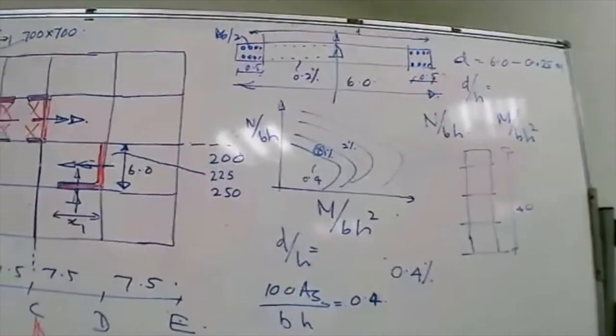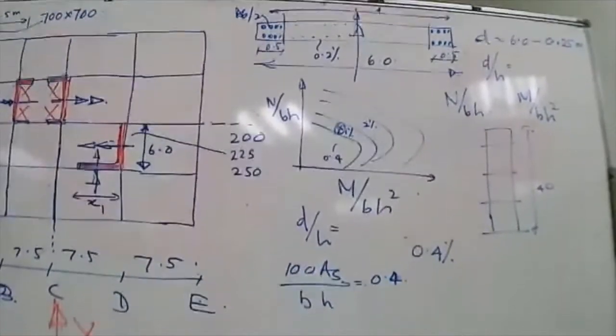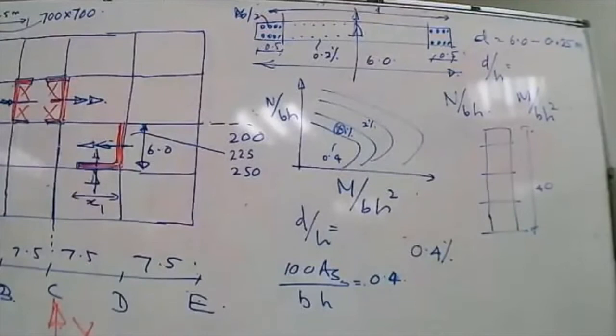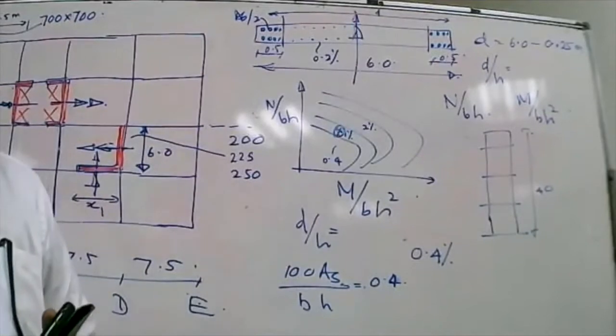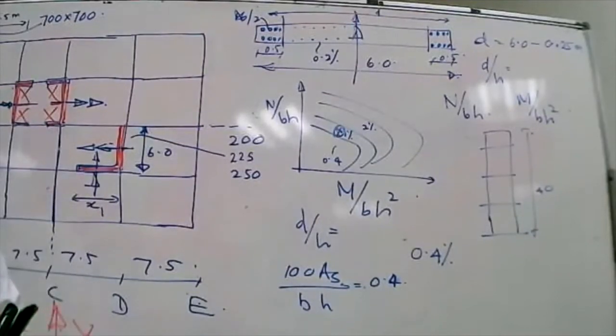Sometimes you find that 0.2% reinforcement is too light. So generally in Sri Lanka, I think in the Sri Lanka National Annexure also, we will provide 0.4% reinforcement as the minimum, 0.2% on each face, vertically.